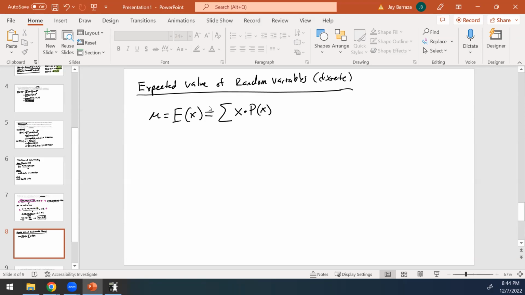That is the definition of the expected value for a random variable. It's also called the mean. So that's the formula you have to remember for expected value.